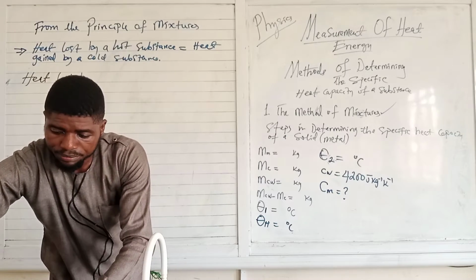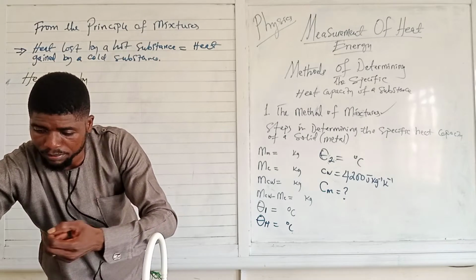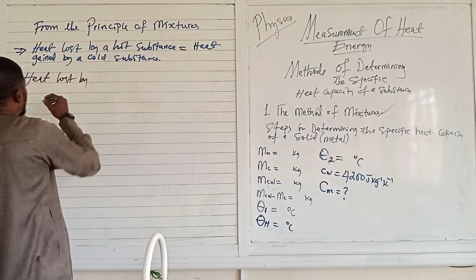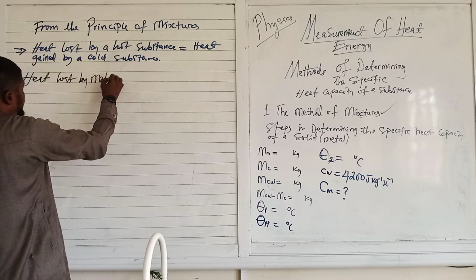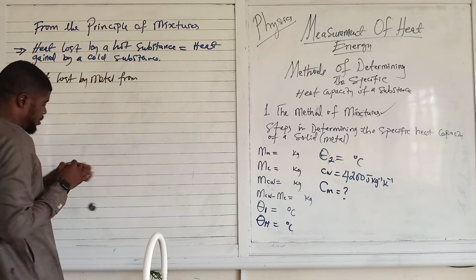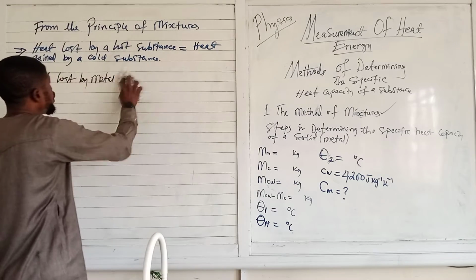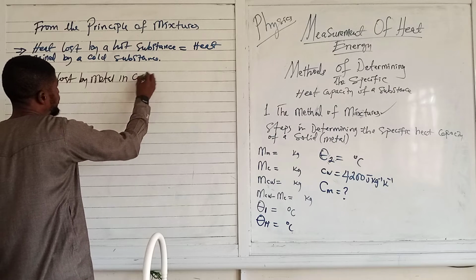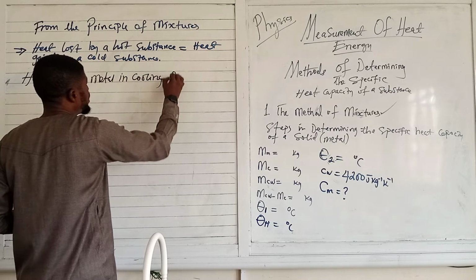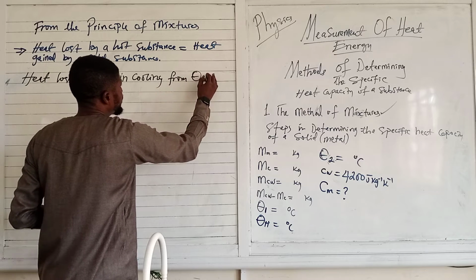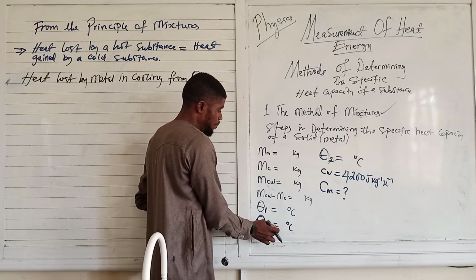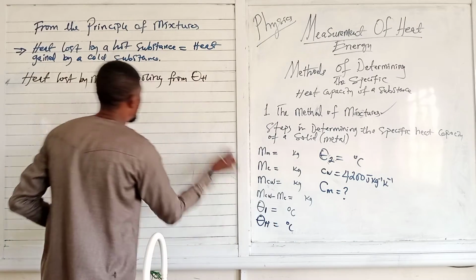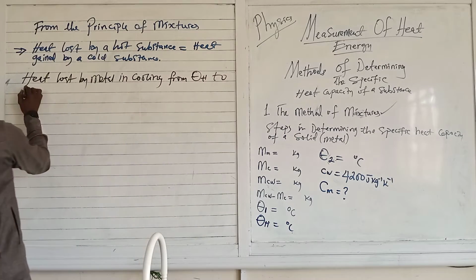Heat lost by this metal, heat lost by metal, let's say in cooling, heat lost by this hot metal in cooling from theta hot, the highest temperature recorded when this was heated, in cooling from theta hot to what?